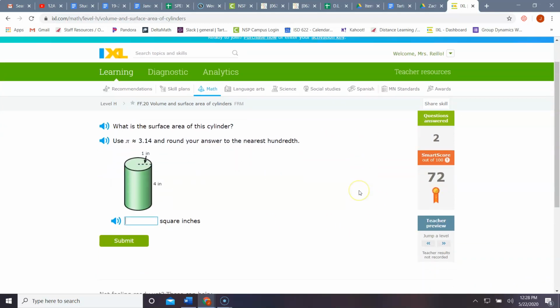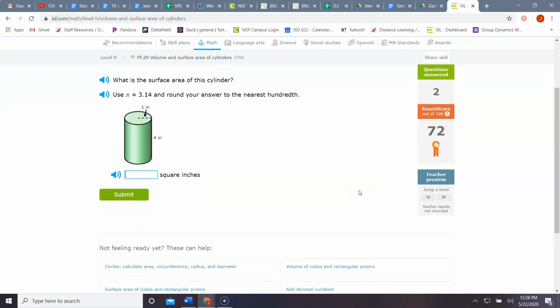All right, here we go. So we want to find the surface area of this cylinder. Again, we have to use 3.14. So when we are working on surface area, it's going to be like our other objects that we've done surface area for. The only difference here is you have to remember that our bases are circles.